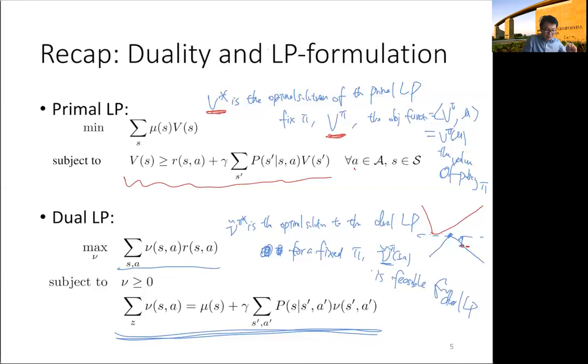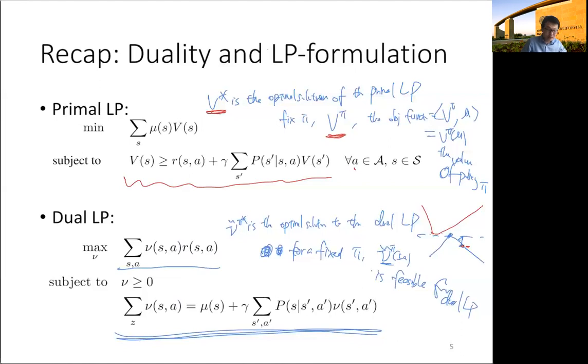Okay, so I hope this revisit of the primal and dual perspectives of Markov decision processes helps you understand what's really going on here. The primal LP is minimizing an upper bound of the v star function, the optimal value function, and the dual LP is optimizing over the policy by pushing up the value of that policy as much as possible.